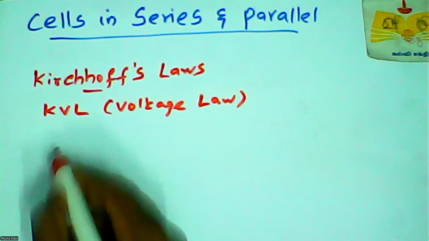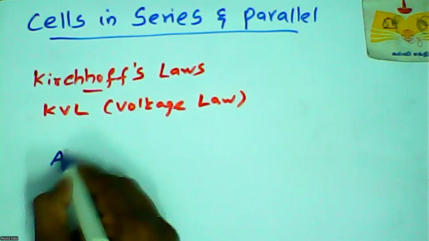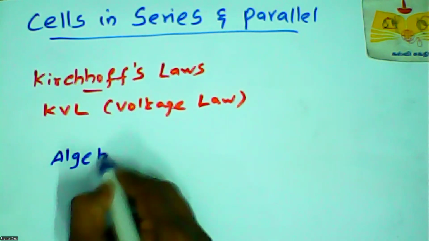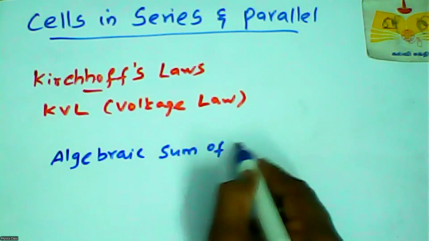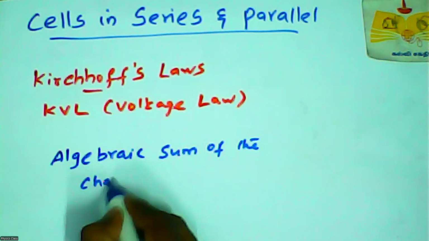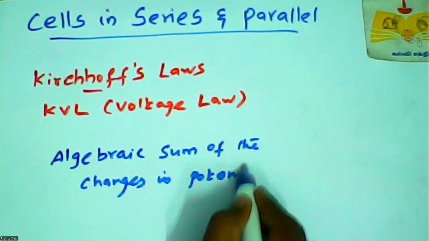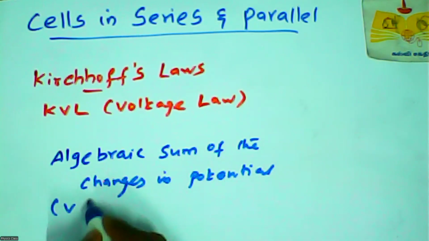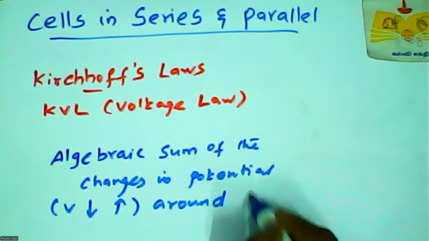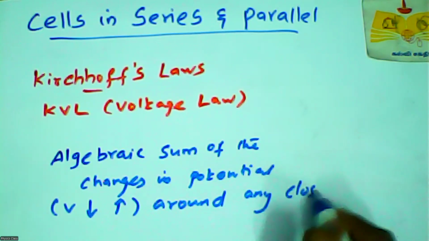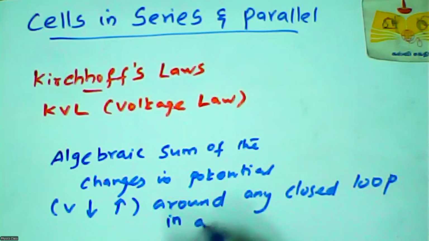So, definition: the algebraic sum of the changes in potential, maybe voltage drops or rises, around any closed loop in a circuit must be 0.